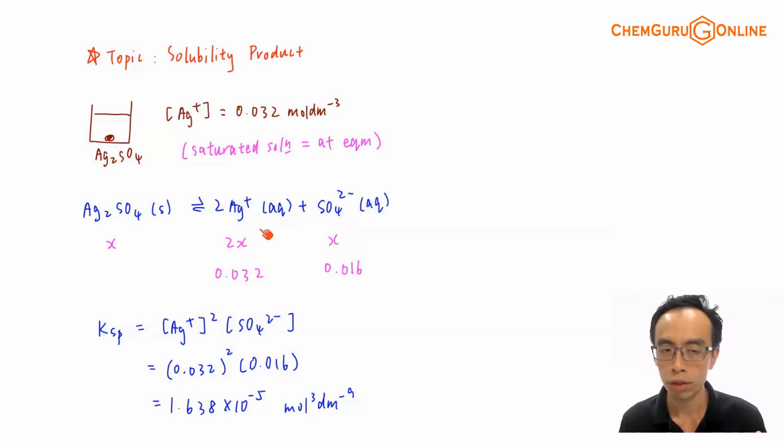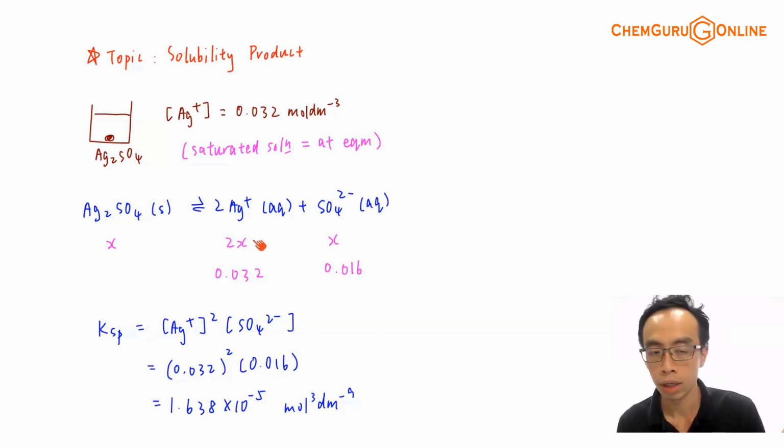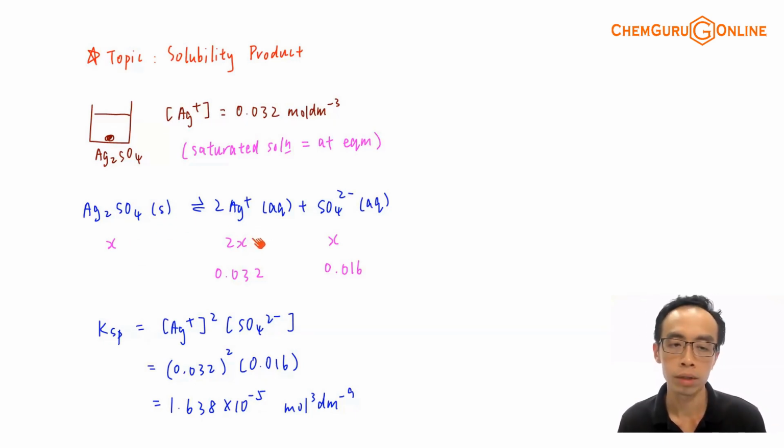The question tells me the Ag+ concentration is 0.032, and this is effectively 2x because 1 mole of your salt will give me 2 moles of Ag+. So this is 2x, and therefore, comparing the mole ratio, the concentration of sulfate will be half of it, which is x, 0.016.